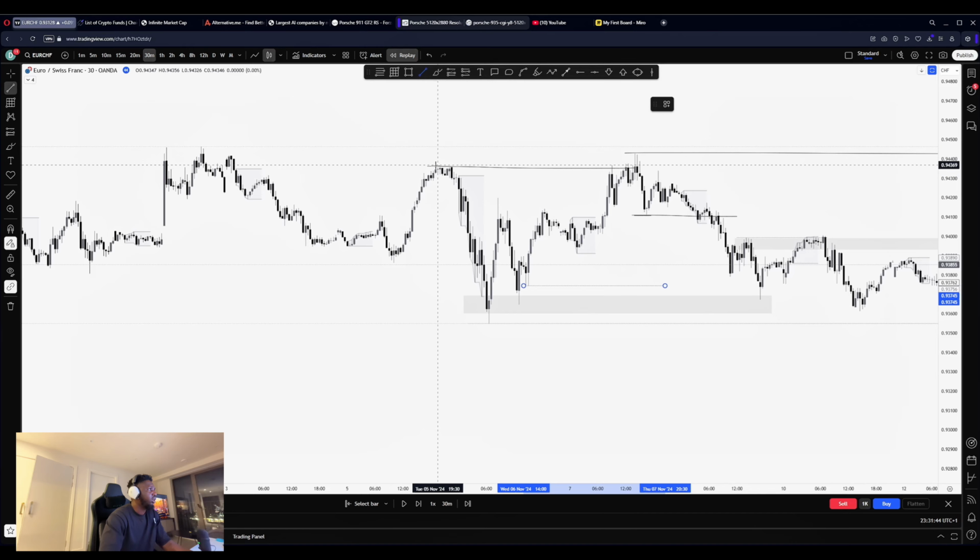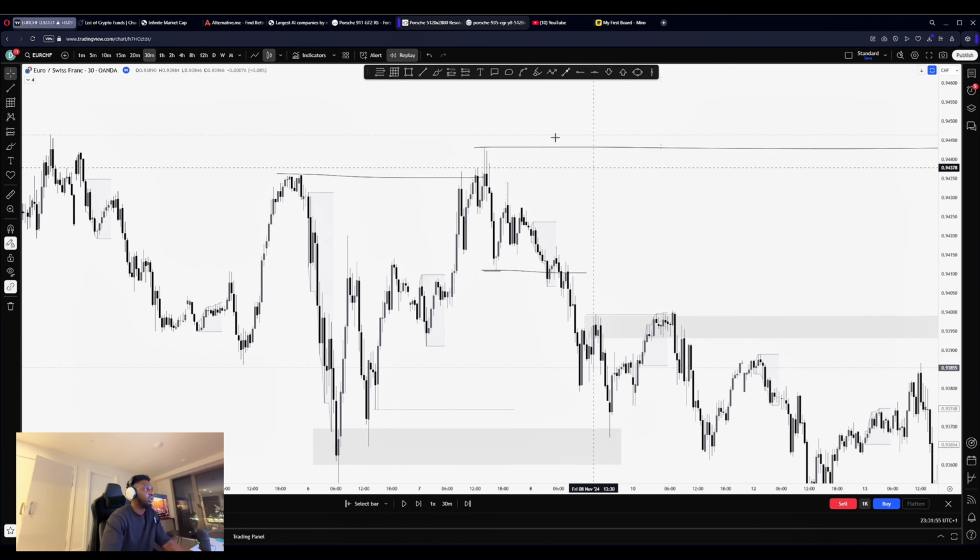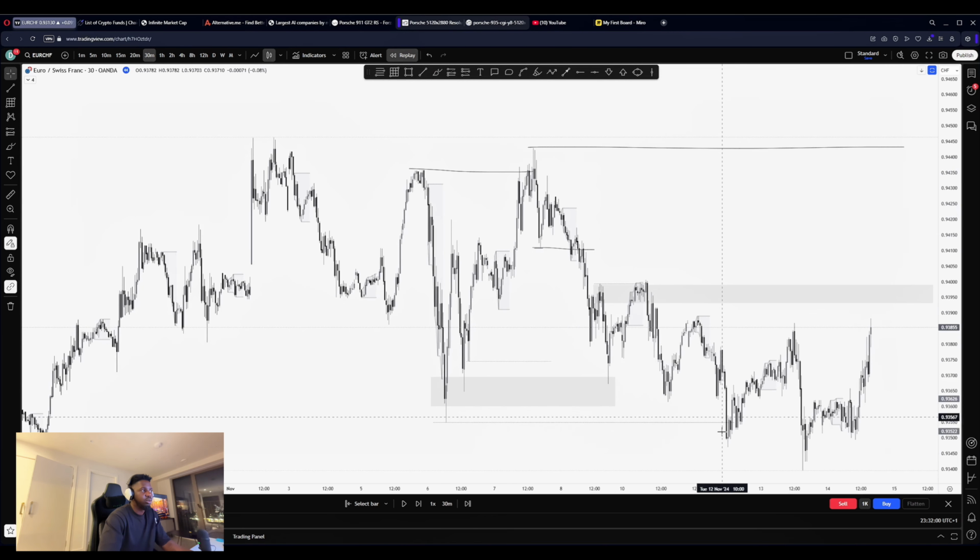We have a break of market structure, we have liquidity, and we have market coming back into the order block to give a reaction, but the reaction was not strong enough to take out our eye, and the reaction failed. So that was what makes it a valid order block.